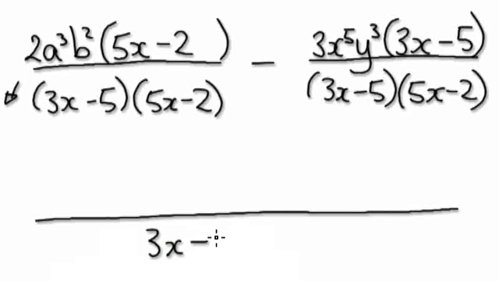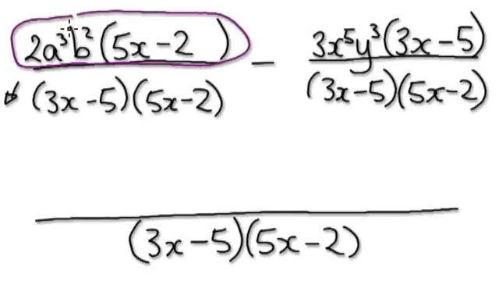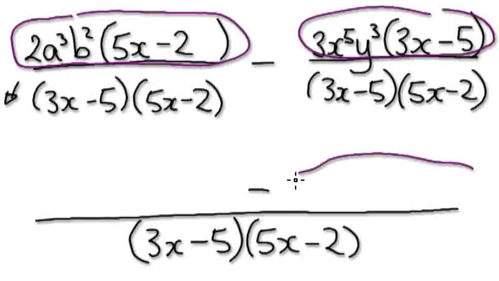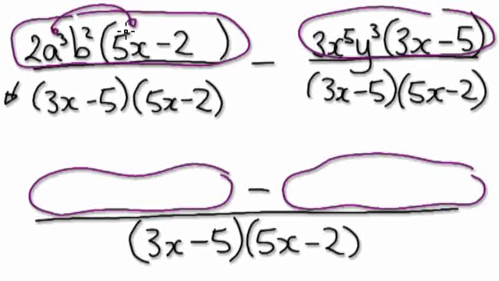So it will be 3x minus 5 times 5x minus 2, and so remember this exists in a bubble here. Okay. And then this exists in a bubble here. So you could imagine it as like this. So you've got this bubble here, and then over here you've got this bubble here. So this times this, number times number, it would be 10, and then you've got no a, well, it's going to be a to the power 3 b squared x.